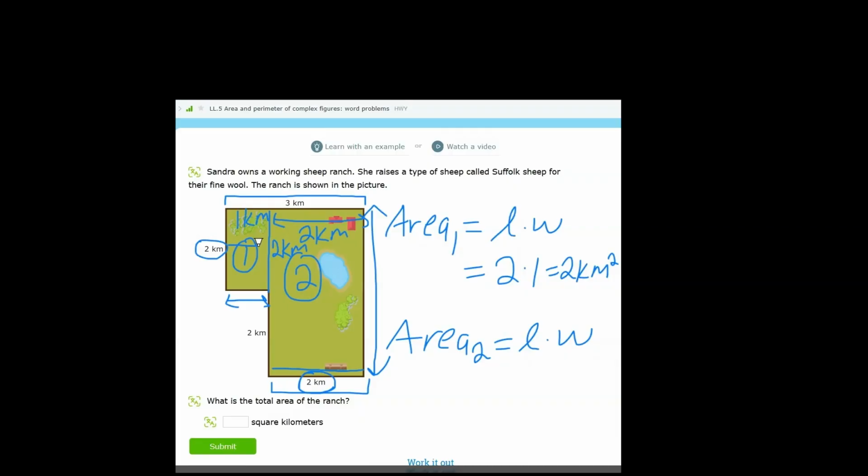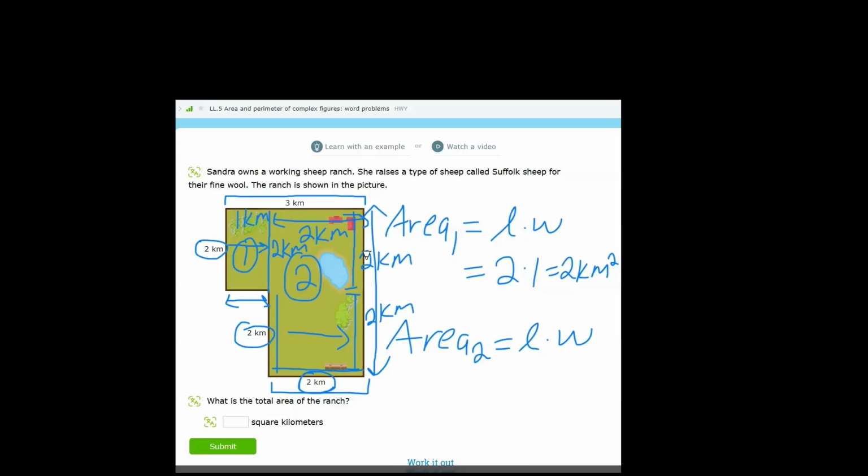This is 2, so the opposite side must be 2. That means this first portion here is 2 kilometers as well. And then here we have 2 kilometers, this portion here. That means on the opposite side, this must be 2 kilometers as well.